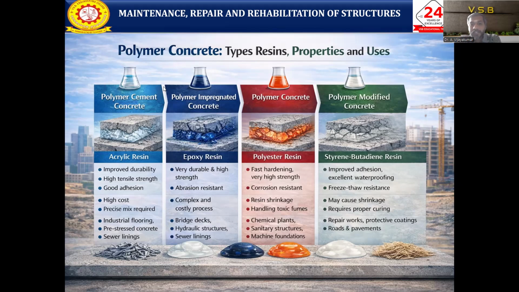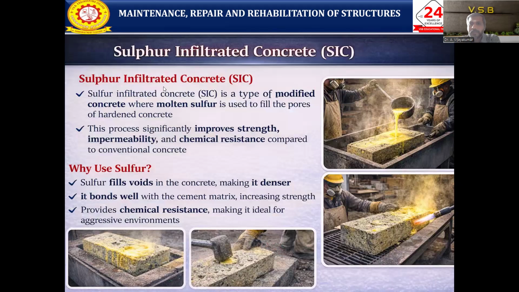We can use it for repair works, protective coatings, and road pavement works. So these are the different types of polymer concrete, with different resins. We have discussed the properties, advantages, disadvantages, and applications of the various polymer concretes.